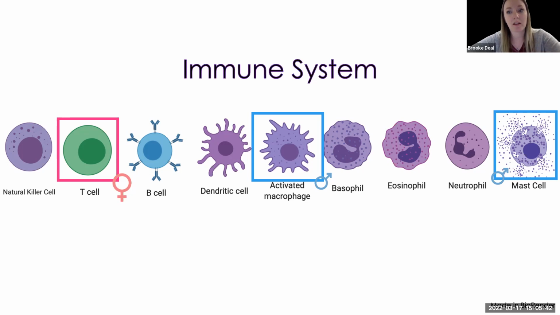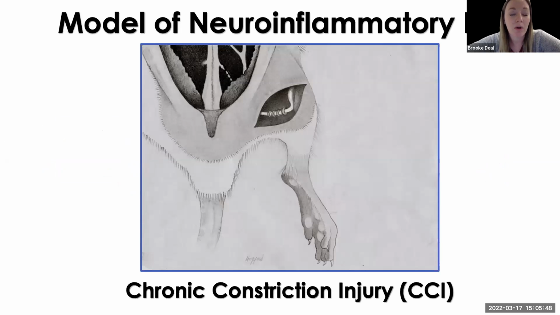So keeping this in mind, to be able to study neuroinflammatory pain, we have to have a model. And our model in the Pollock lab is the chronic constriction injury. In this model, we tie 4 ligatures around the sciatic nerve to constrict the nerve and cause some inflammation. We can then probe the hind paw in order to test the sensitivity or the pain-like response.